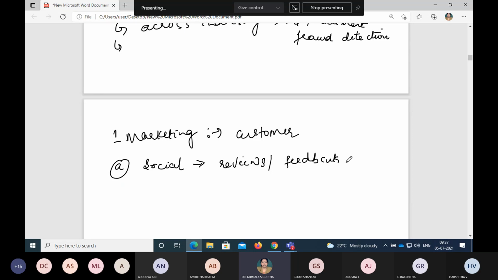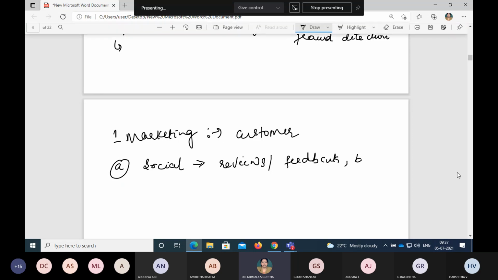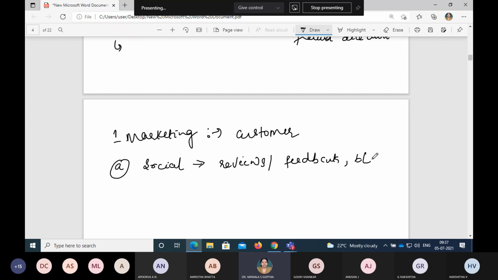Blogs or even tweets also matter when it comes to social media data.